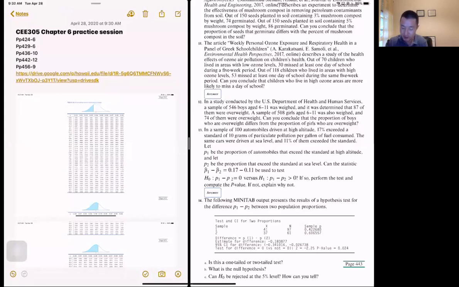We have two samples and we talk about proportions of overweight: 87 over 546, and 74 over 508. Can you conclude that the proportion of boys who are overweight differs from the proportion of girls who are overweight? This is obviously a question about the difference between two proportions.